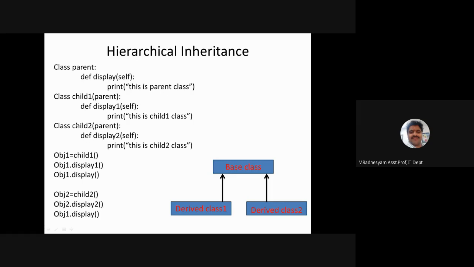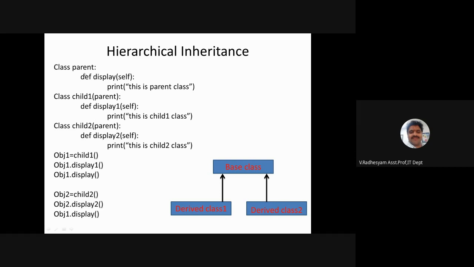And at the same time, if you create an object for child2, we can use it for the parent also. So obj1 is equal to child1; obj1 is an object for the child1 class. obj2 is an object for the child2 class. Based on obj1, we can access child1 and parent. With obj2, we can access child2 and parent.